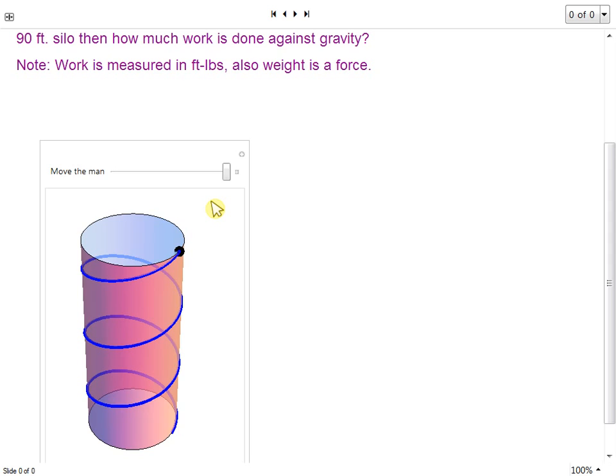Gravity is our vector field, and the vector field for gravity only points in one direction. We're going to consider it straight down in this case, even though technically it's towards the center of the Earth, but straight down is good enough for this approximation. So we have force straight down, and then we have a path. Do we have a path? We do, right? That blue path. So let's see if we can put it together.